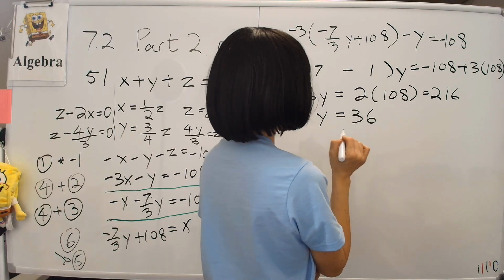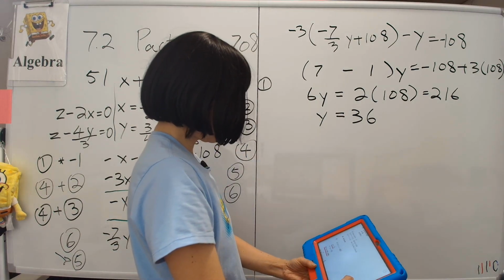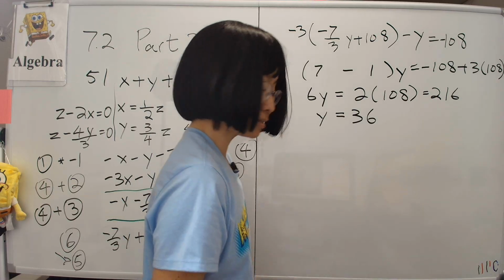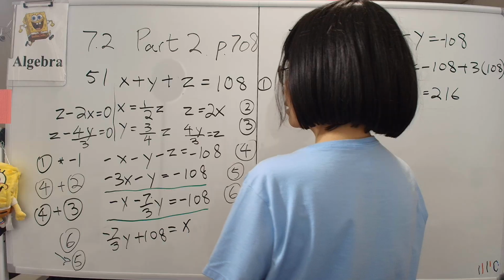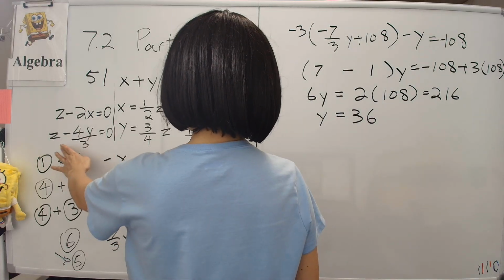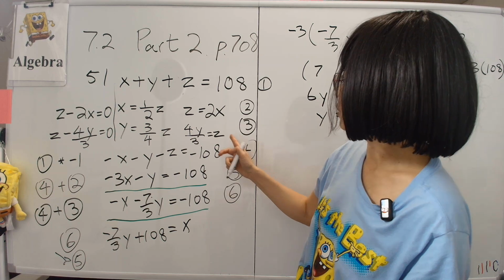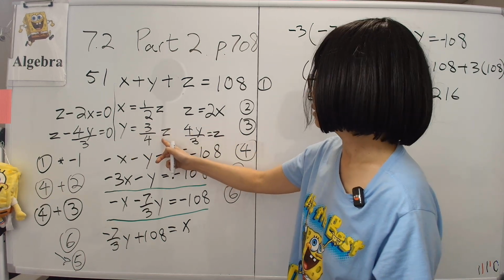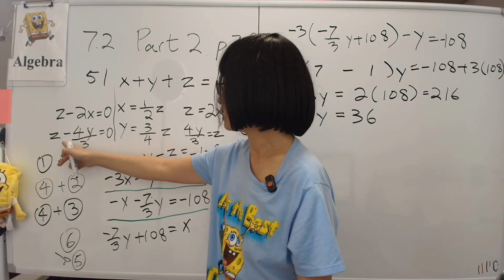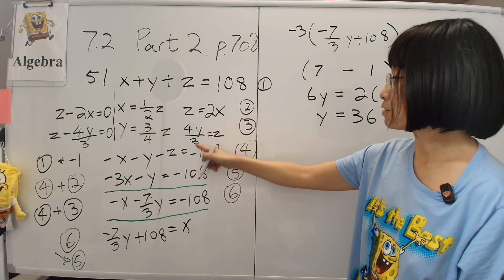So that should be it. And let me check. Yep, y is equal to 36. So far so good. Now y equals 36, we can find z right here, from equation 3: y equals 3/4 z, or z equals 4y over 3.